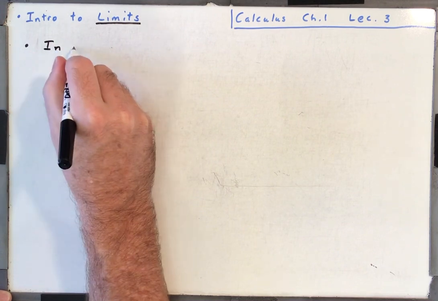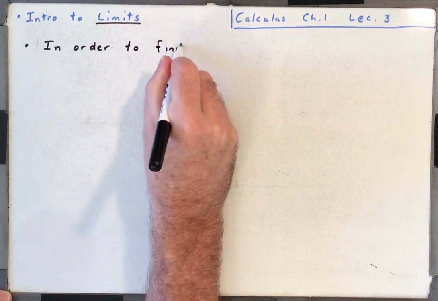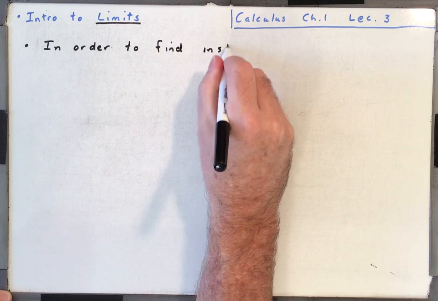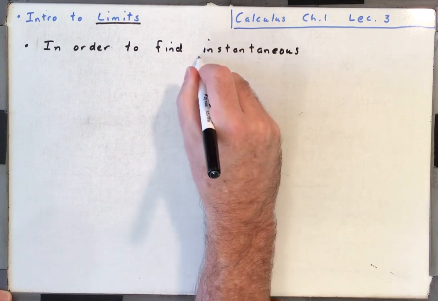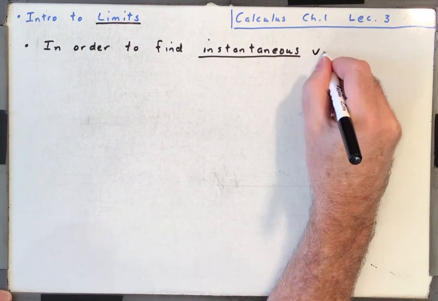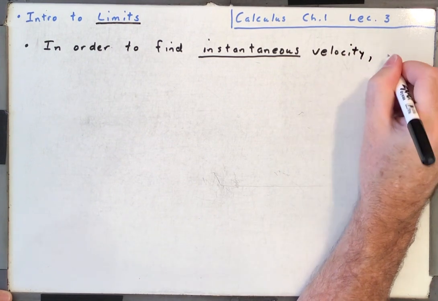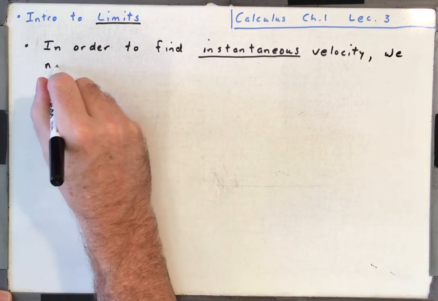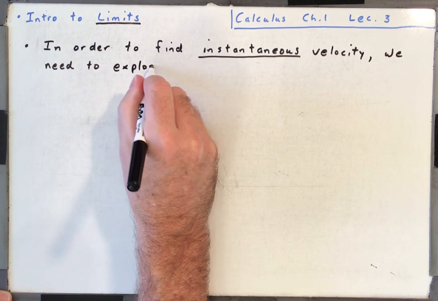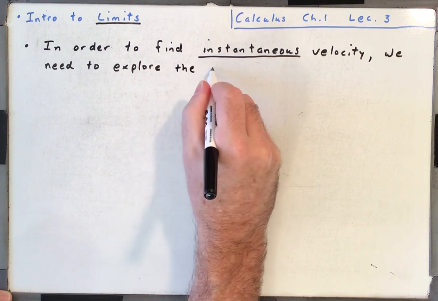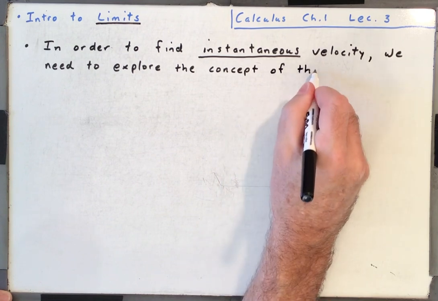So in order to find instantaneous, not average, but instantaneous velocity, we need to explore the concept of the limit.